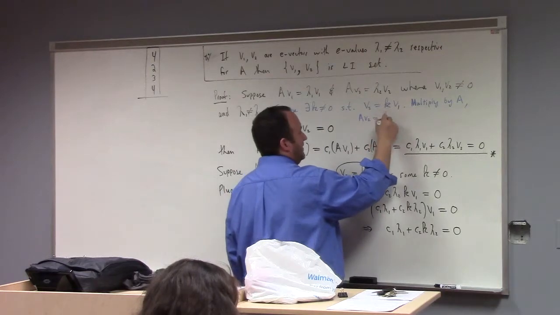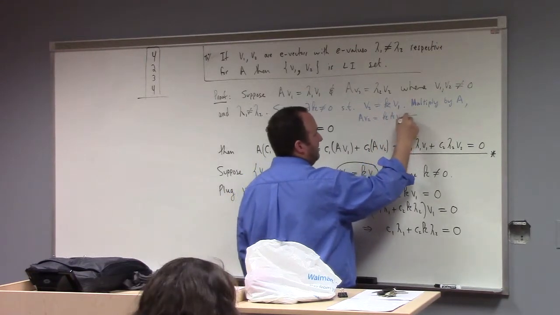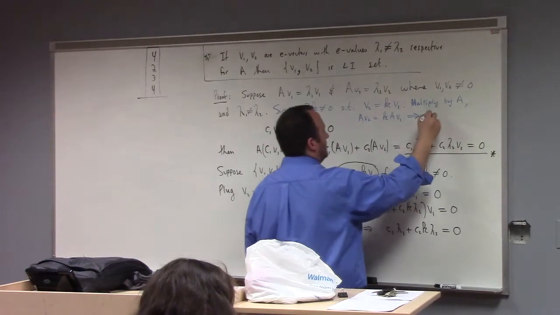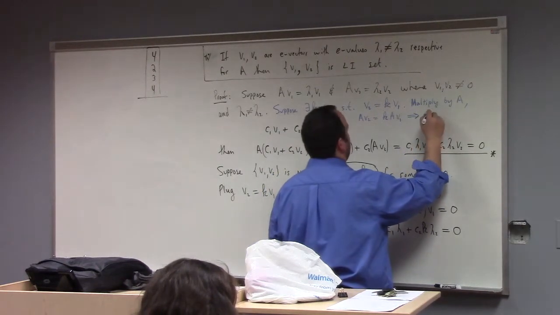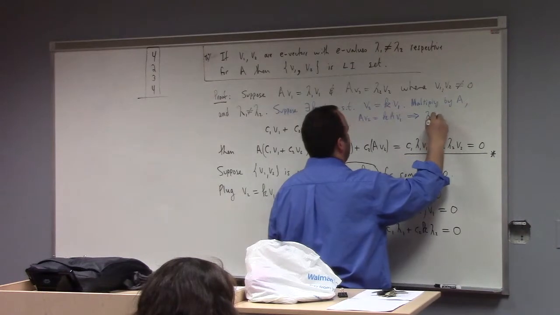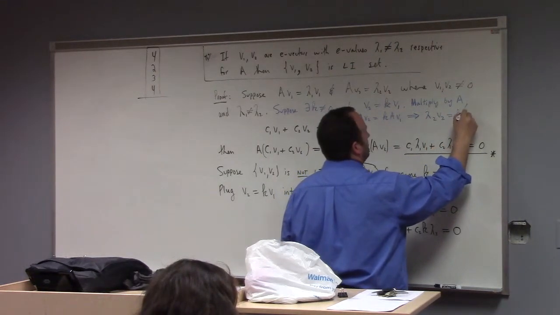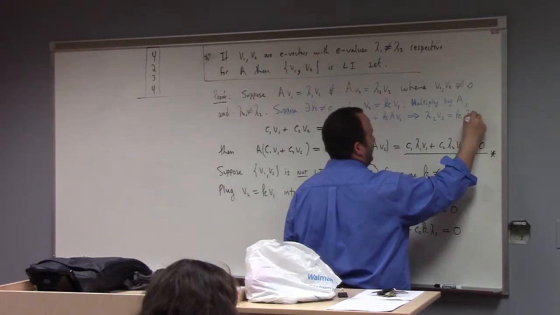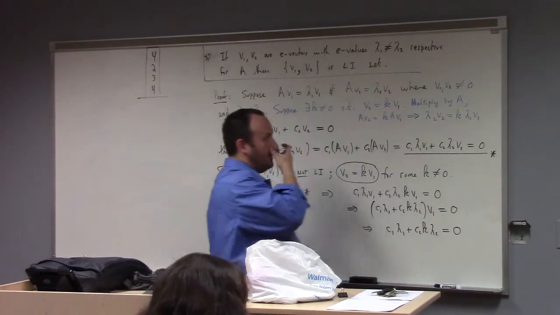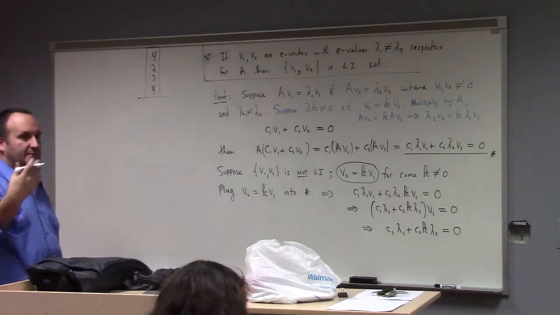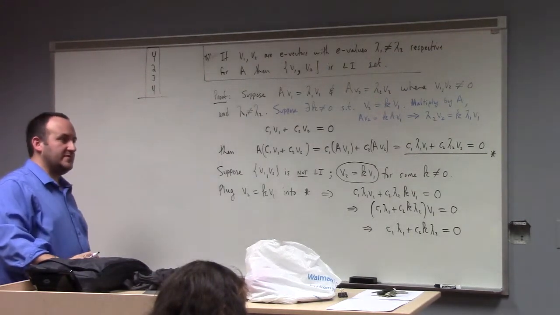A V2 is k A V1, which is to say that lambda 2 times V2 is equal to k lambda 1 times V1, right? So the same steps I was making in the previous attempt, all right?